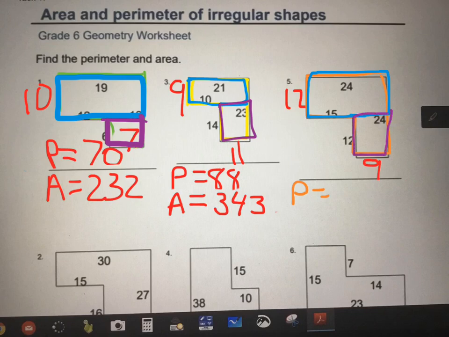And remember, you multiply the length times the width to get your area. So your area will be your blue square plus your red square. Once you figure this one out, do the rest of the other three, and then you can go ahead and check your answers and do the self-assessment.